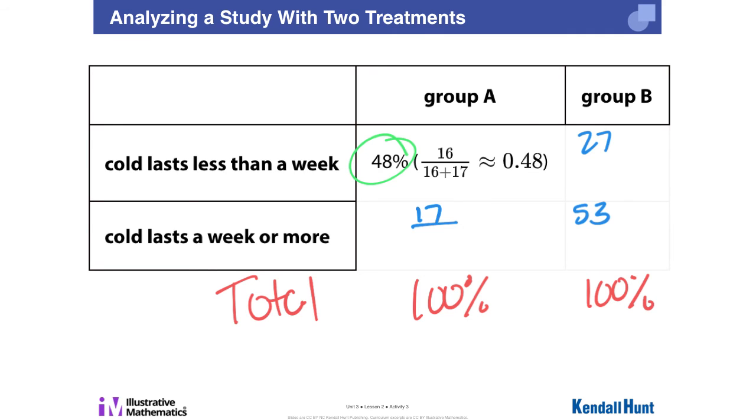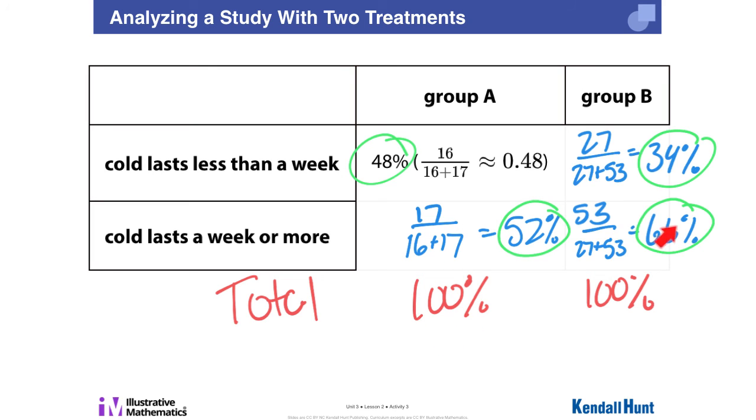So that means in the one right below it, to find that percentage, I would take 17 divided by the total of that column, or 16 plus 17, you could just have it as 33, and I get 52% right there. And notice that 48% plus 52% is going to add up to my 100%. When I calculate this last row, I get 34% and 66%. They add up to 100%.